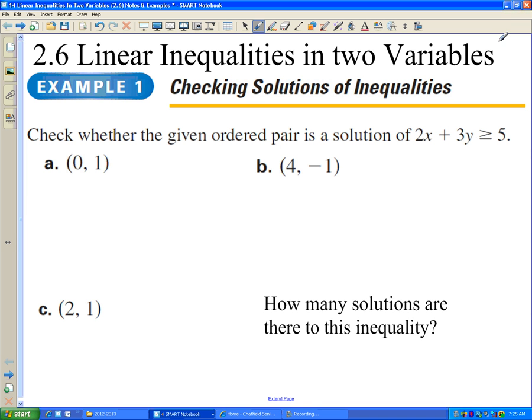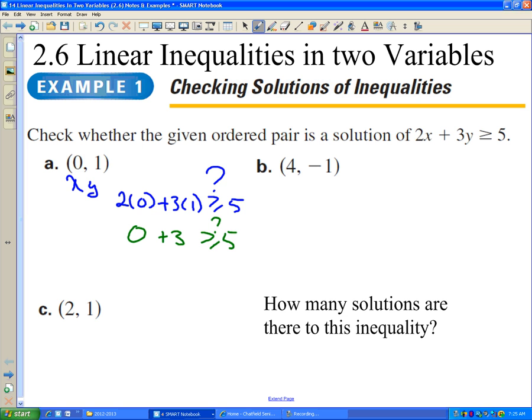Check whether the given ordered pairs is a solution to 2x plus 3y is greater than or equal to 5. Remember this is my x, this is my y, so I plug them in for x and y. 2 times 0 plus 3 times 1, is that greater than or equal to 5? I want to put a question mark because we want to find out if that's true. 2 times 0 is 0. 3 times 1 is 3.